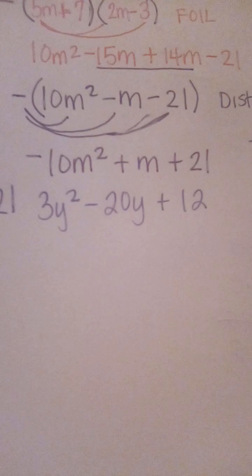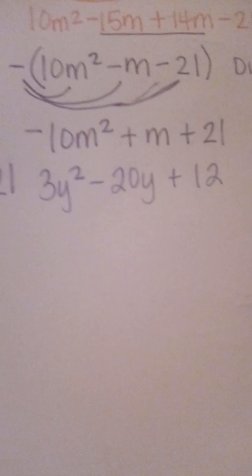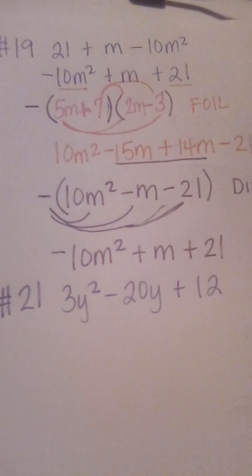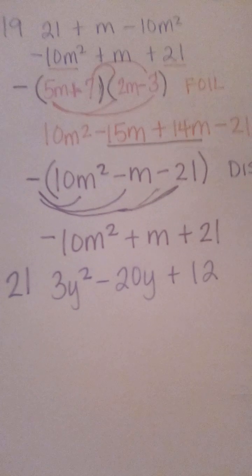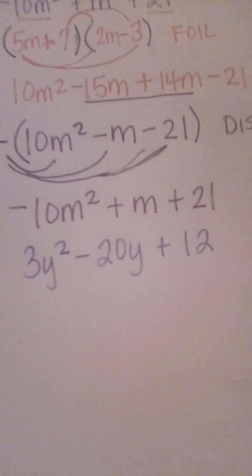You see the problem is in order from the highest term to the next highest and so forth. So we have 3y squared minus 20y plus 12. Question, is this equation factorable? Yes, with the 3y squared and the 12. Let's do the factors.